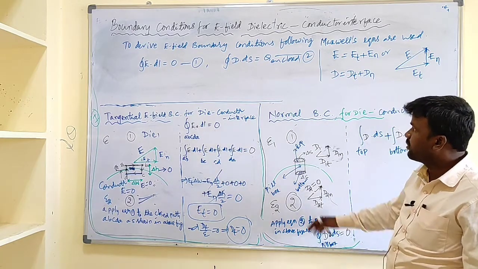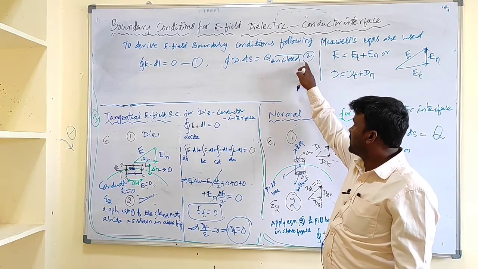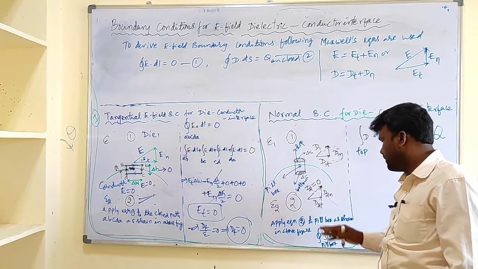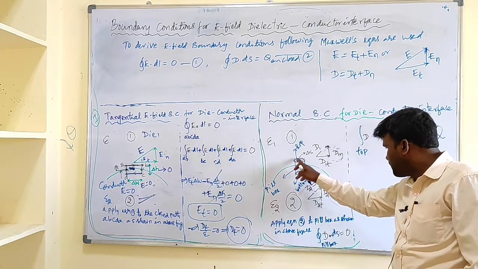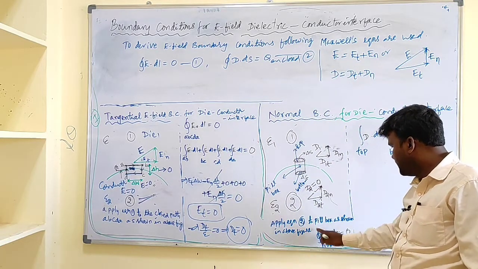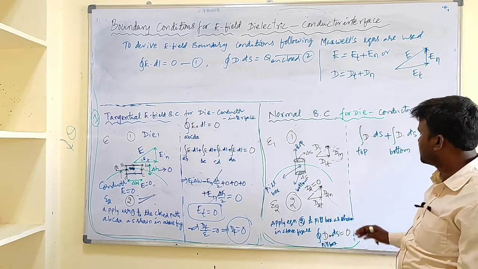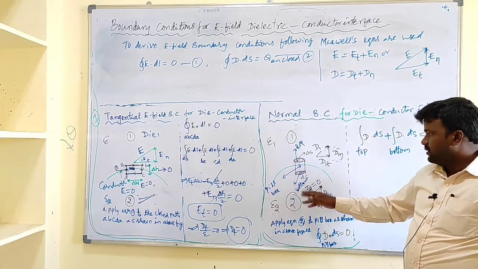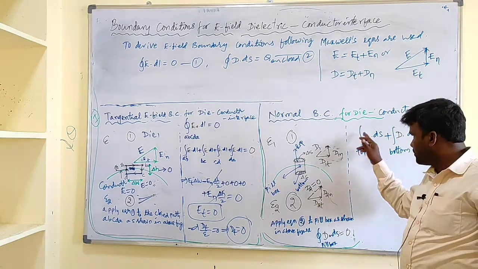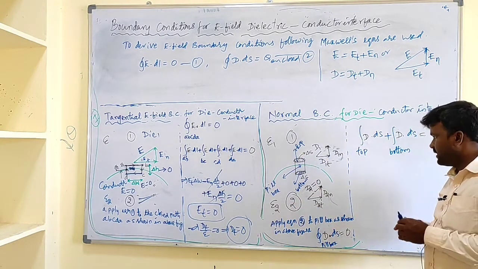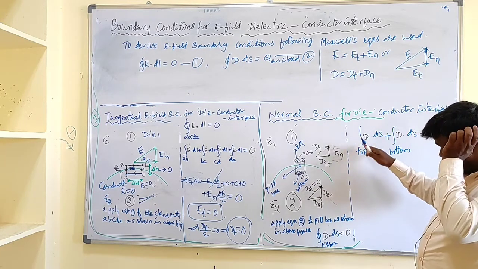In order to derive the normal boundary conditions, we need to apply equation 2 to this field box, as shown in the figure, that is, the closed integral of D dot dS equals Q. For the side surfaces it becomes 0, whereas there is a contribution from the top and bottom.